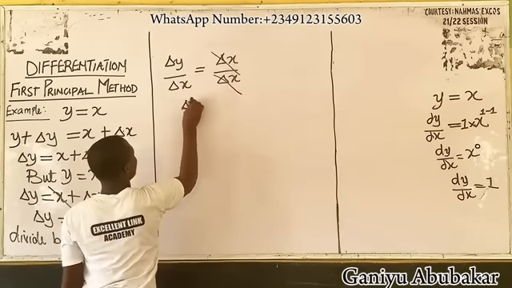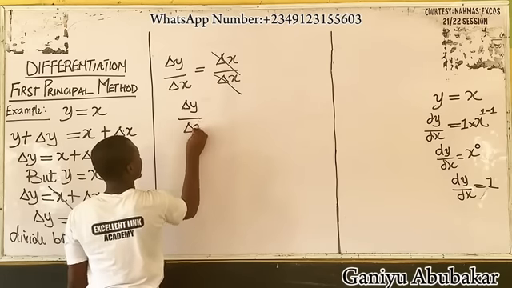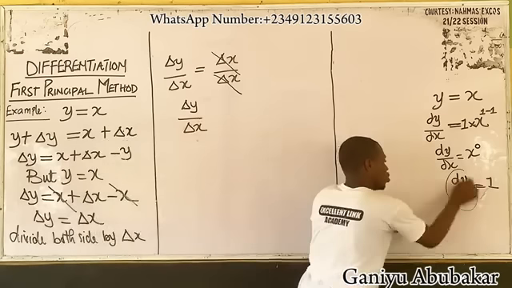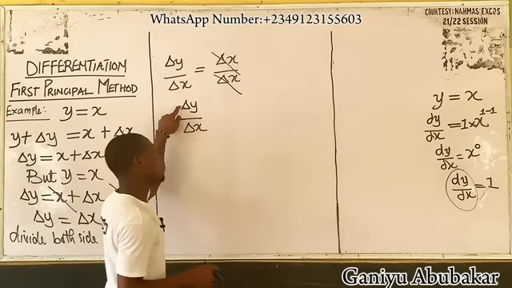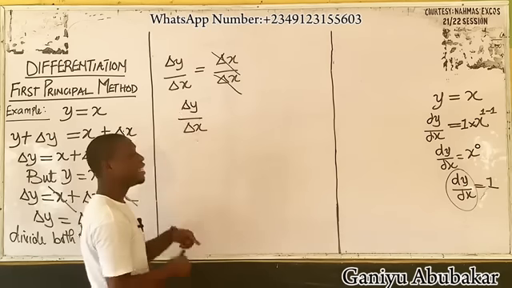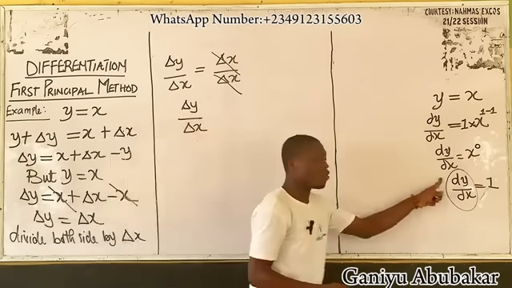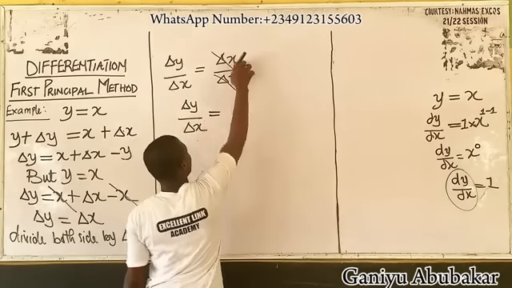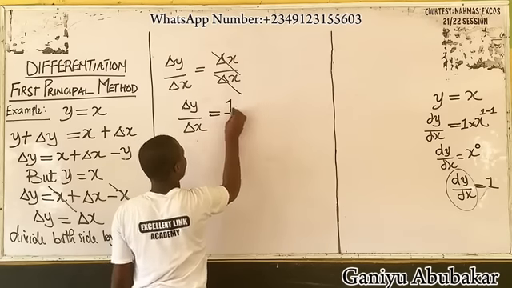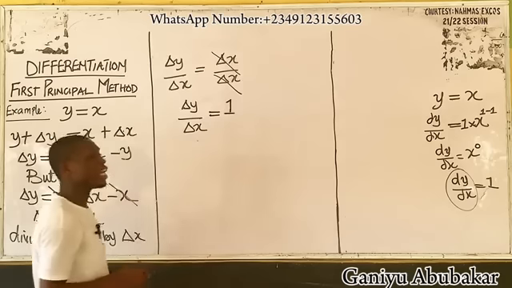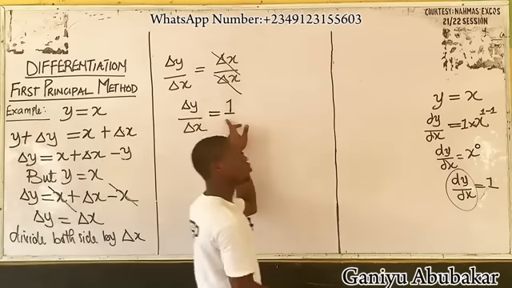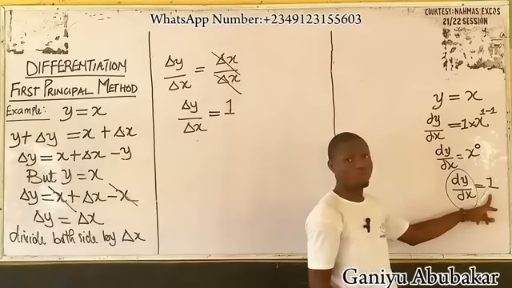Note that change in y over change in x is the same thing as dy over dx, which is now equal to 1 over 1, which is of course 1. So observe that when I use first principle, I have 1, and when I use the general method, I still have 1.